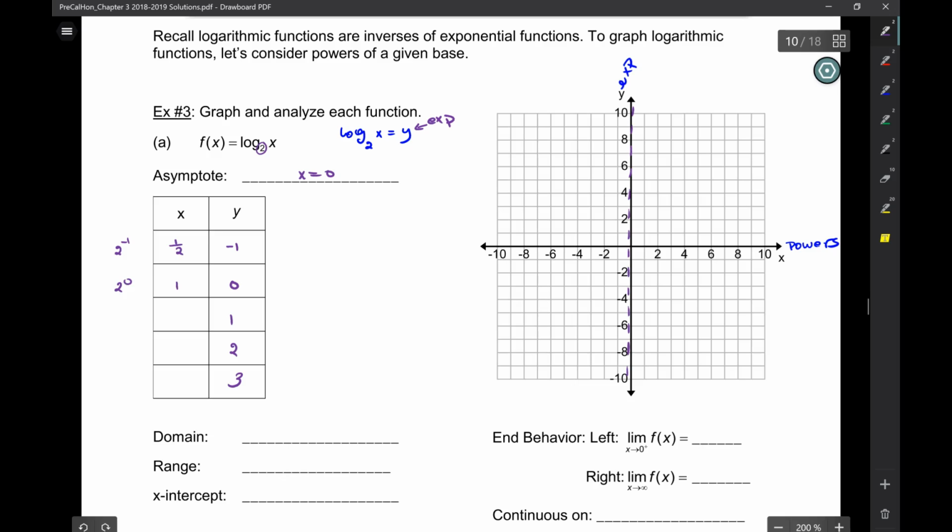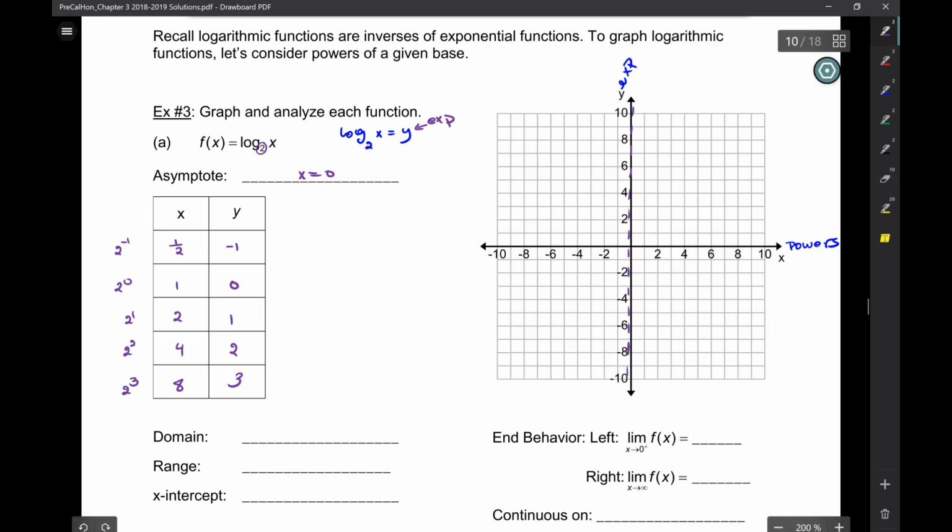So these are the powers of 2. 2 to the 1, 2 squared, 2 cubed. So 2, 4, 8. Okay? So always remember that y is the exponent. So these are the exponents on the y-axis, and your powers are going to be on the x-axis.